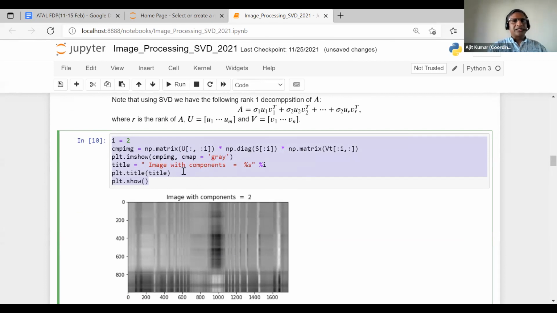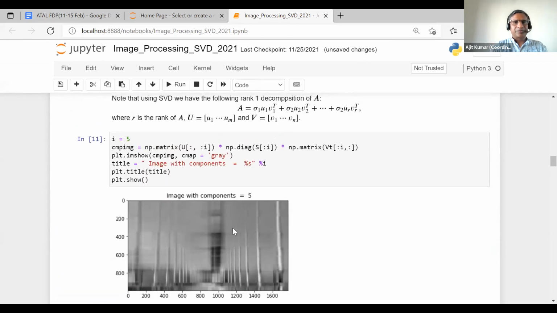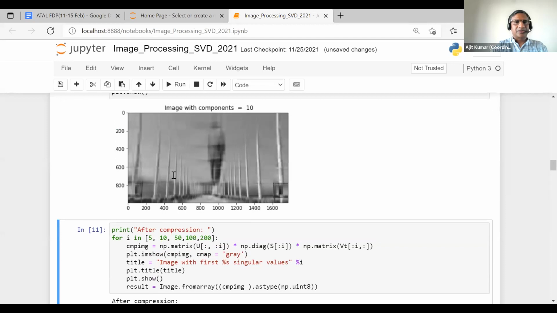Okay, so let us include more. Let us say I will include 5 components now. If I include 5 components, let us look at what the image is. This is better than the previous one. Let us make it 10 components.